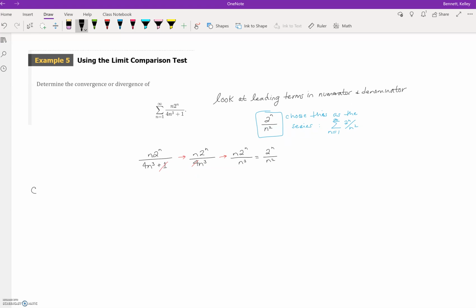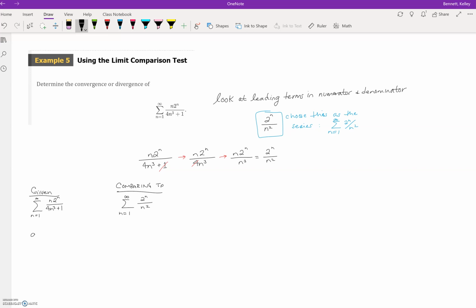We are given the series n times 2 to the n over 4n cubed plus 1, and we're comparing to the sum from n equals 1 to infinity of 2 to the n over n squared.